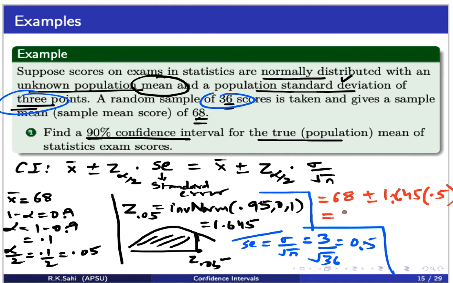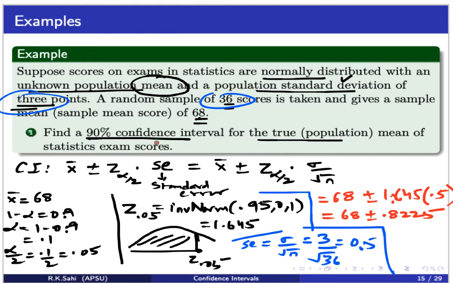When you do the math, you get 68 plus minus 0.8225. So that's my confidence interval, 68 plus minus 0.8225. So how do we interpret?